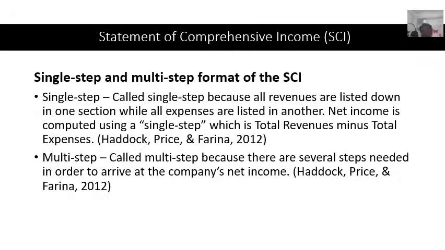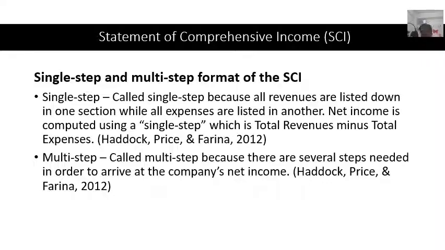On the other hand, yung multiple step naman, kaya tinawag na multiple step kasi nga it has several steps needed in order to arrive at net income. So ano yung mga step na yon? So from dun sa revenue, ibabawas mo yung contra revenue so para makuha yung net sales. Tapos ibabawas mo yung cost of goods sold sa net sales.